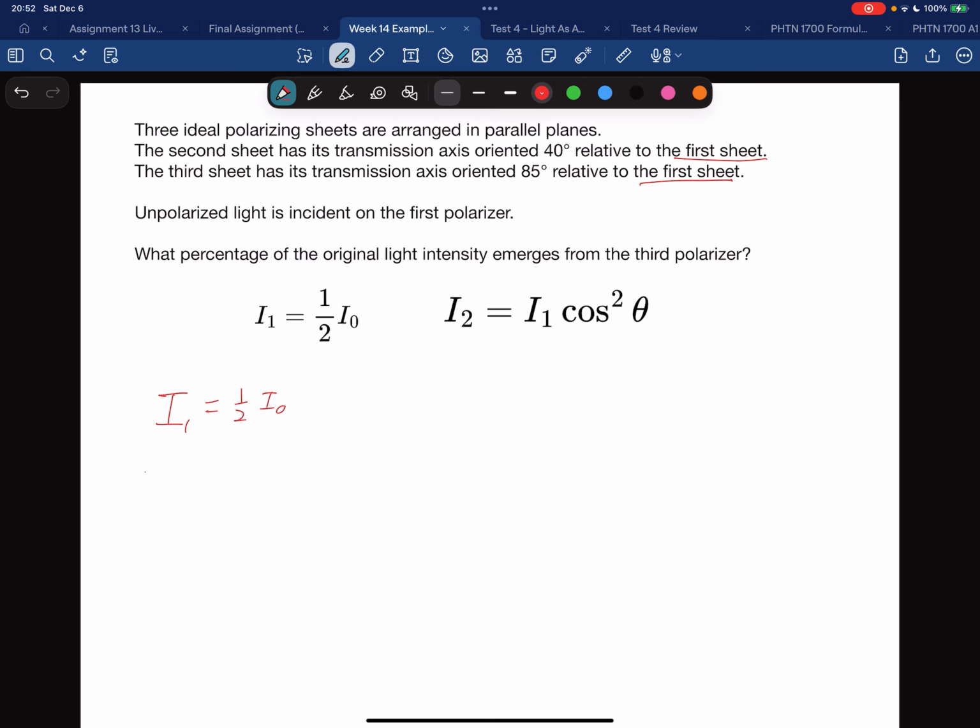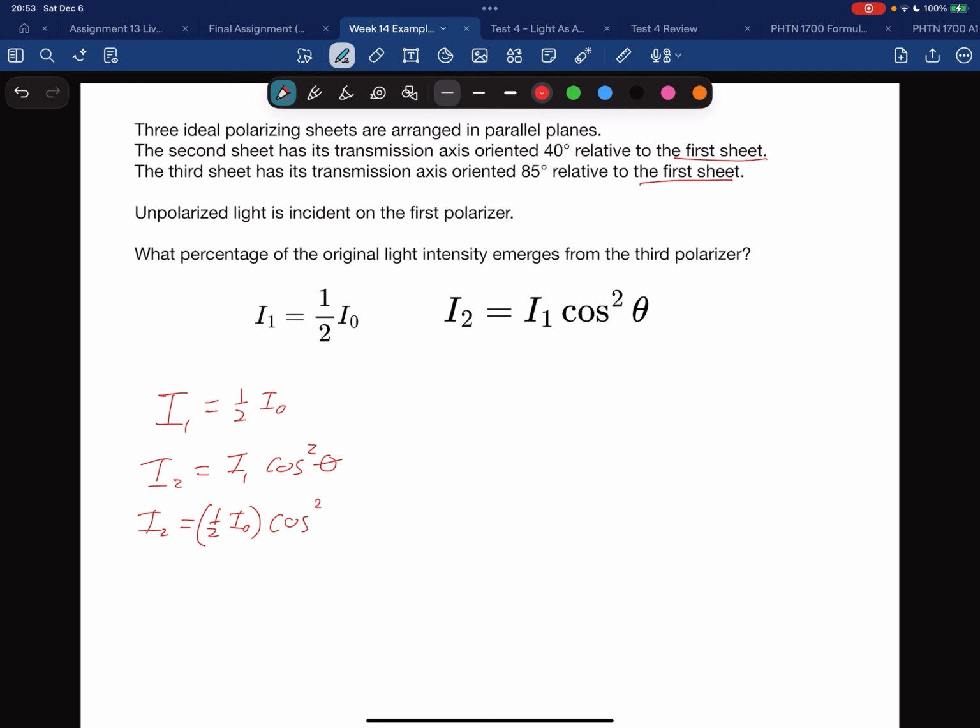Now I2, how much light comes from this? So, and remember, we want this in terms of the original light. So I'm going to substitute in for I1 here, 1/2 I0, or I0, whatever you want to call it.